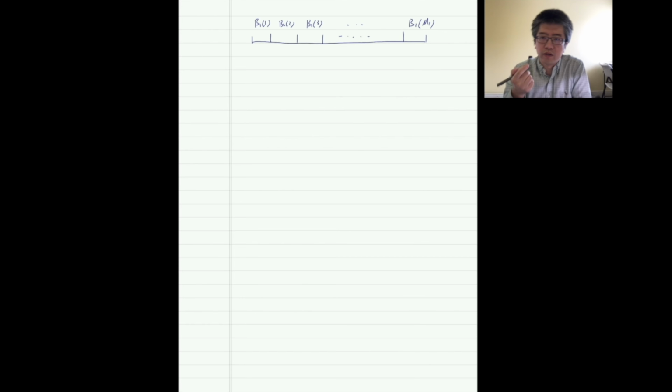What we are doing is randomly assigning each source sequence to a bin. Let's say this is our source X in this alphabet.